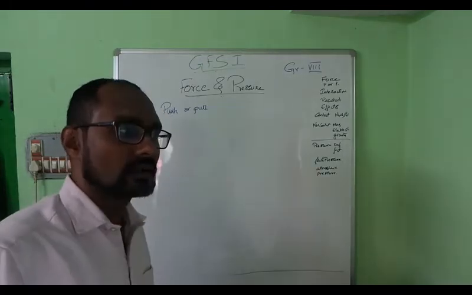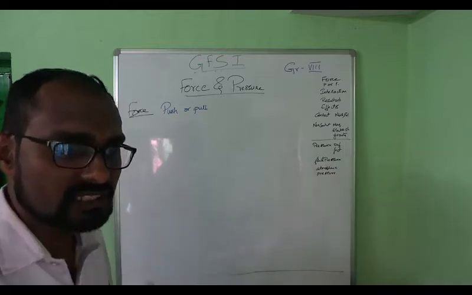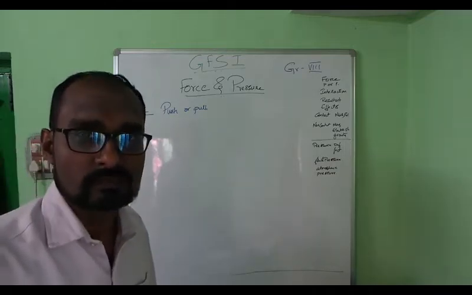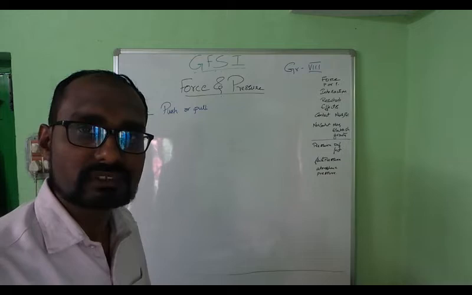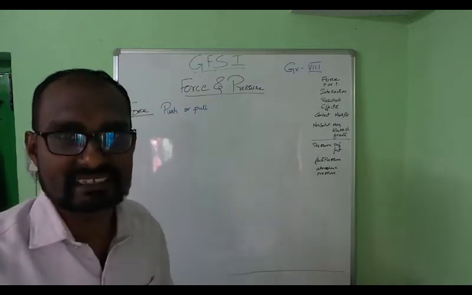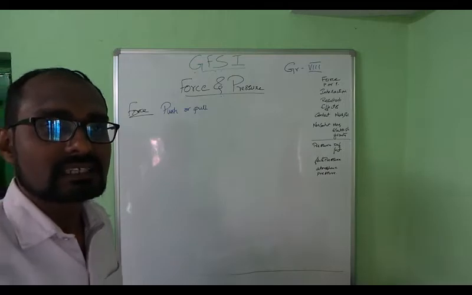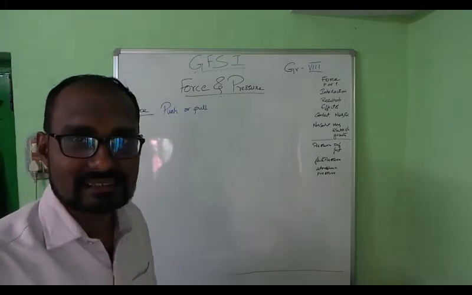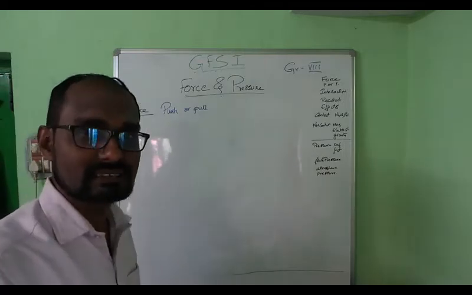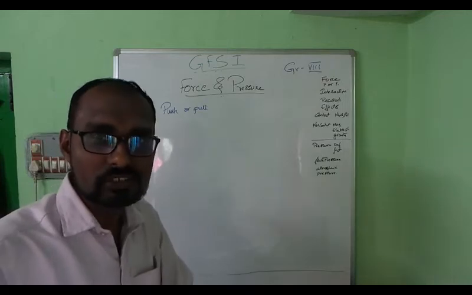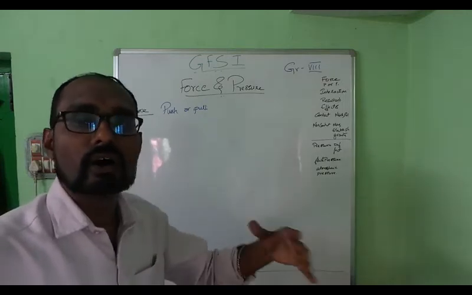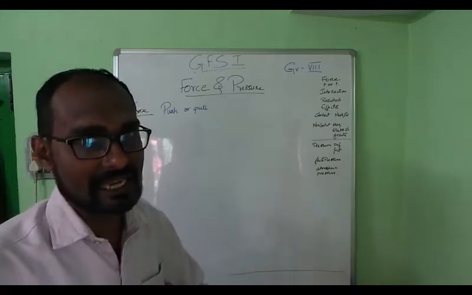Let us say there is a game of tug of war between two groups of people. There also again we see they are pulling each other by means of a rope. So always for the force to be exerted, there should be some interaction. There should be a body which is exerting force and another body on which the force is acting.